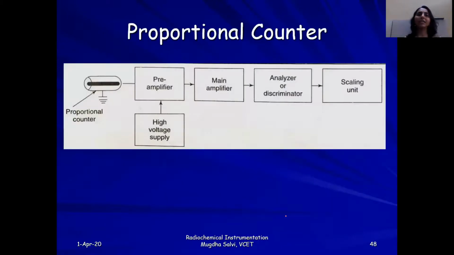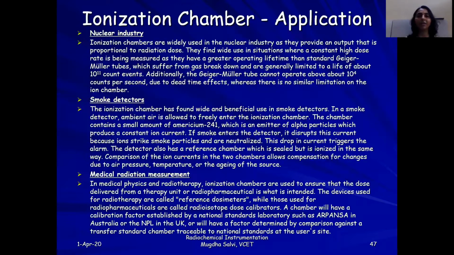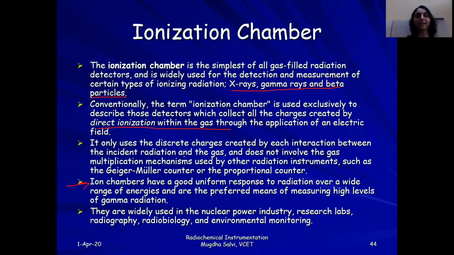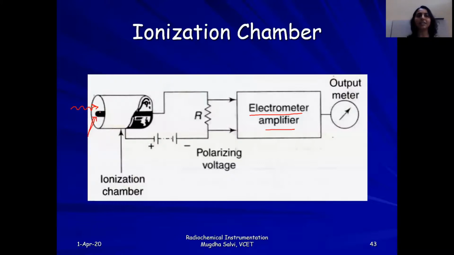The next one is the proportional counter. The proportional counter will also work on the same basis, but there is a slight difference in the operation. Exactly what do we measure? Now, in the case of ionization chambers, we are measuring the activity for every ionizing radiation that is entering inside.